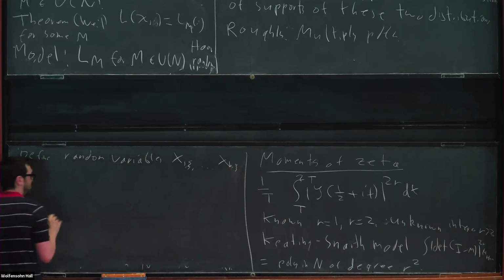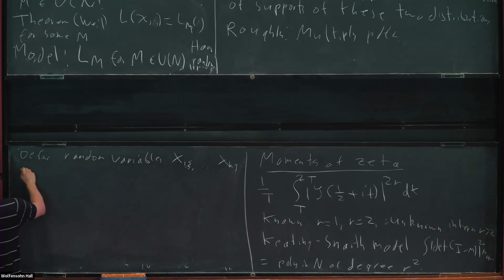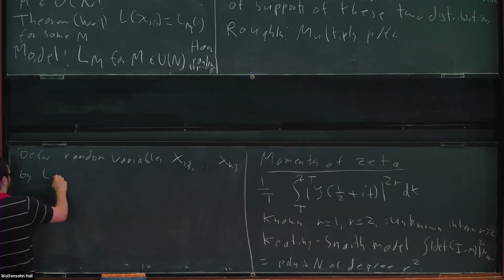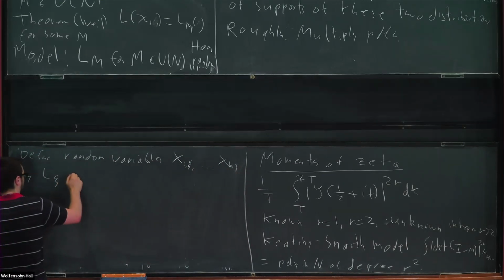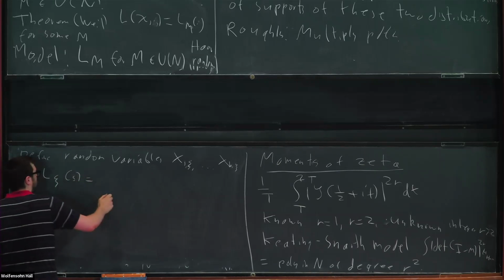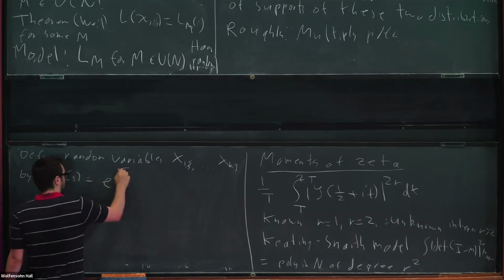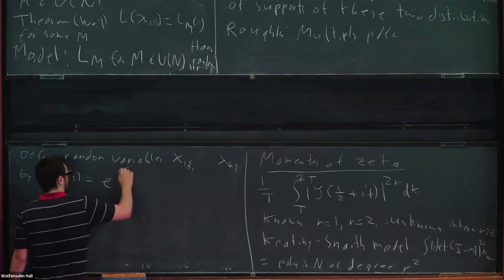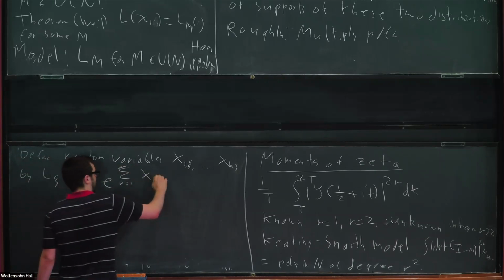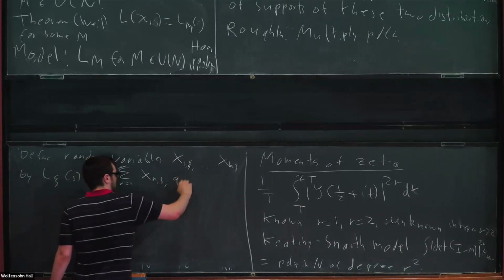My x's are getting more and more like random squiggles. By the formula, the L function of xc of s should equal e to the sum, n equals 1 to infinity, of xn c, q to the minus n s.